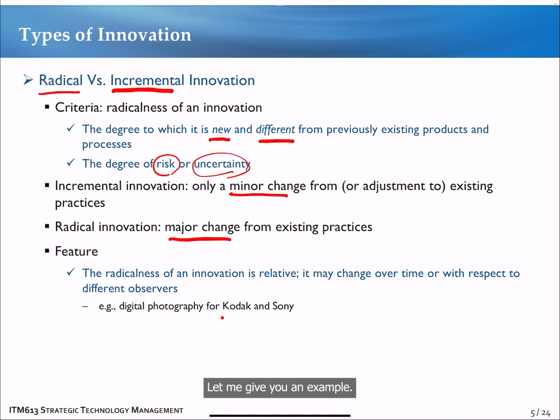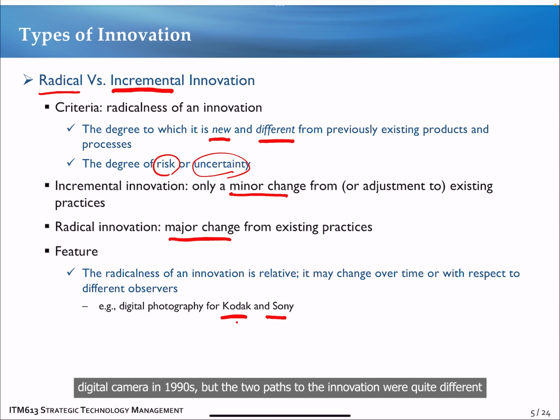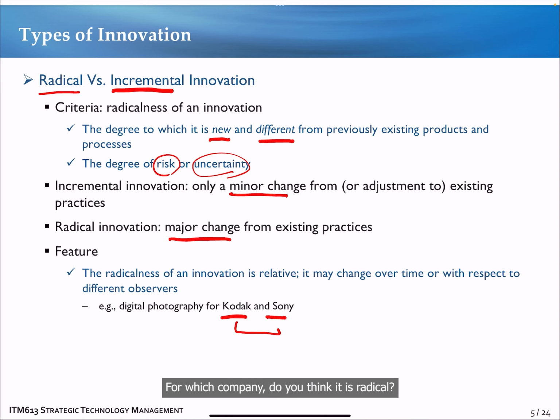Let me give you an example. Do you know Kodak and Sony? Both Kodak and Sony introduced digital camera in 1990s, but the two paths to the innovation were quite different. For which company do you think it is radical? Although Kodak has rich experience in producing camera, its capability is totally based on chemical photography.